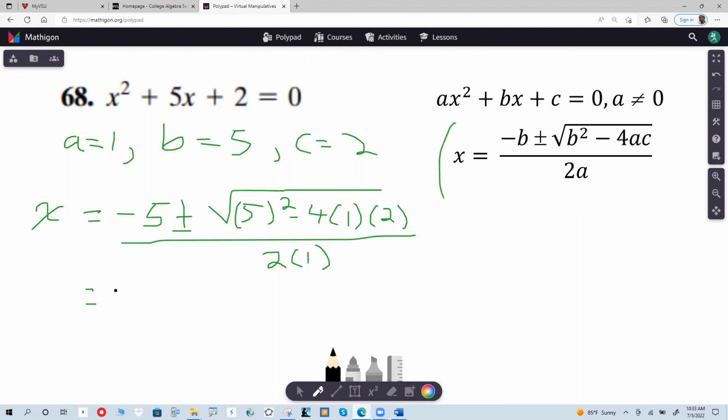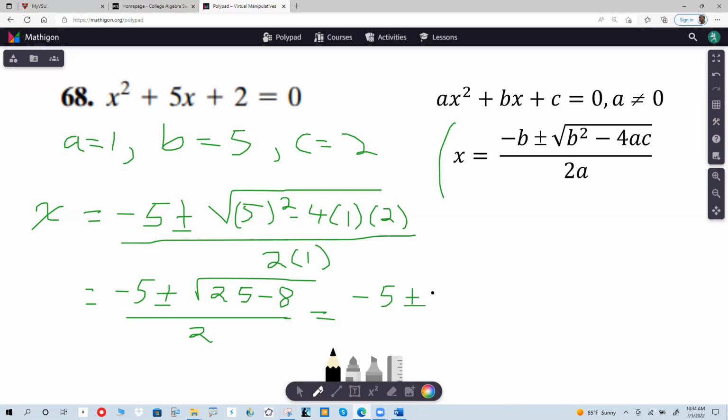I'm going to just simplify it. Five squared is 25. 4 times 2 is 8. 2 times 1 is 2. Minus 5 plus minus the square root of 25 minus 8, which is, I believe, 17.